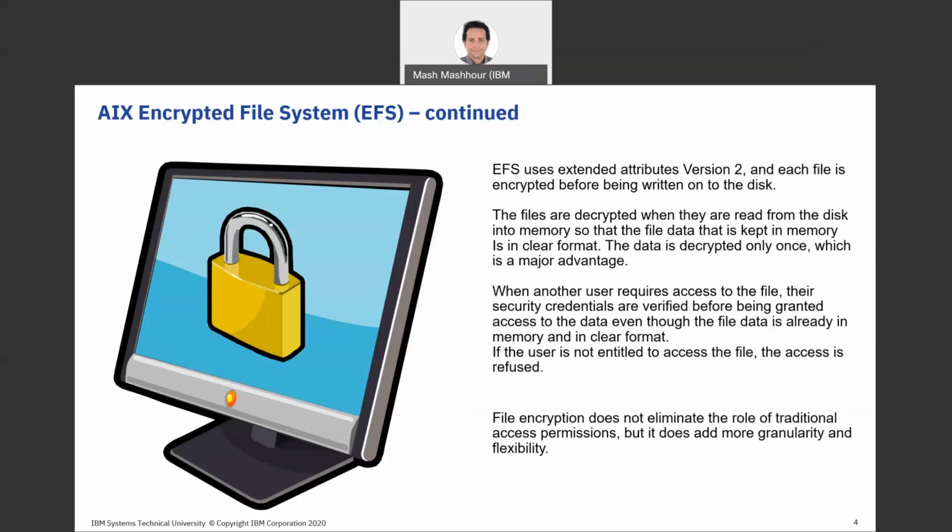If the user is not entitled to access the file, he will not get access, and the access is refused with an error message. File encryption doesn't eliminate the role of traditional access permissions, but it adds more granularity and flexibility.